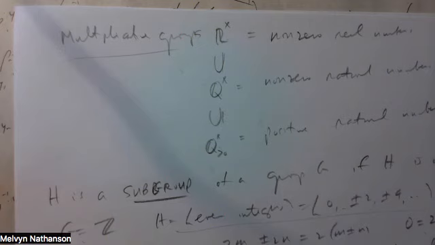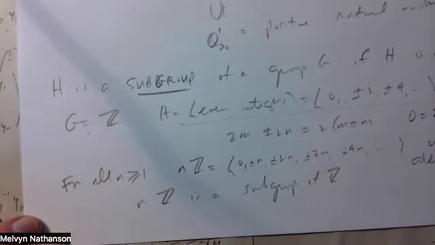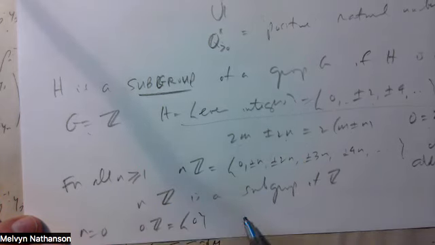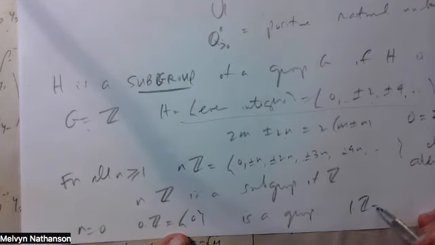This is a subgroup, and nZ is a subgroup of Z for all n. If I take n equal to 0, 0 times Z is just the number 0. But this is a subgroup, because 0 plus 0 is 0, and 0 minus 0 is 0. And 1 times Z is just Z.